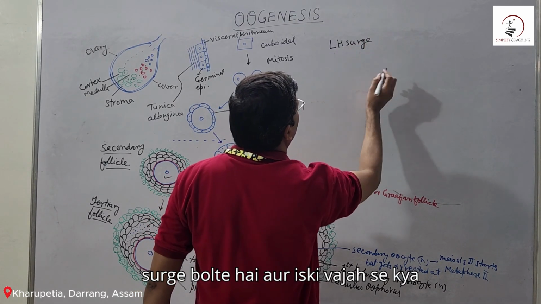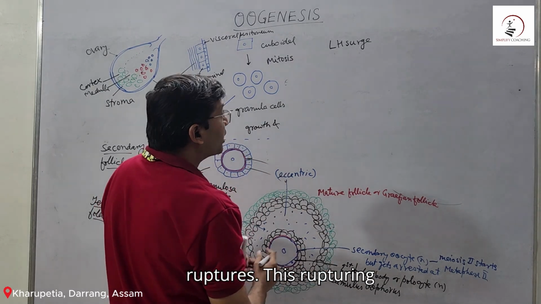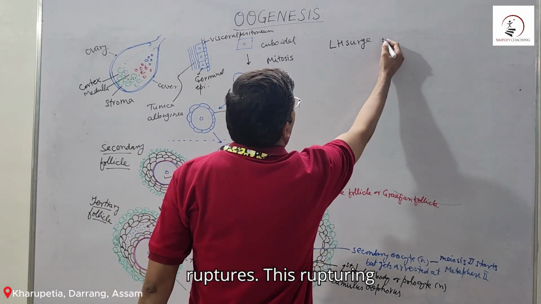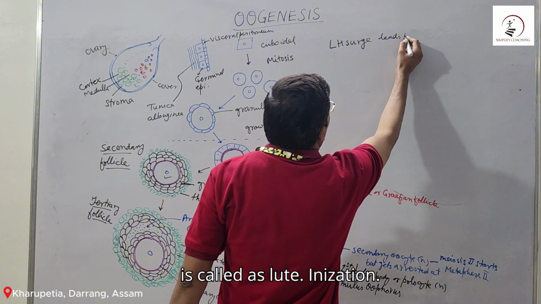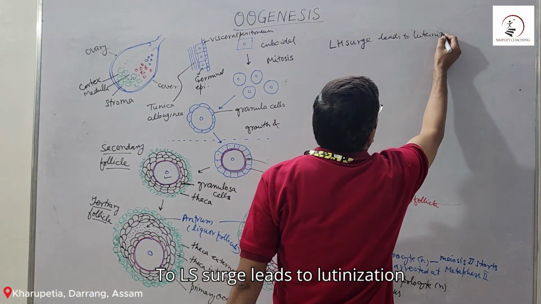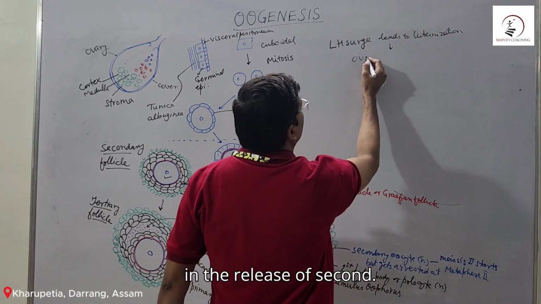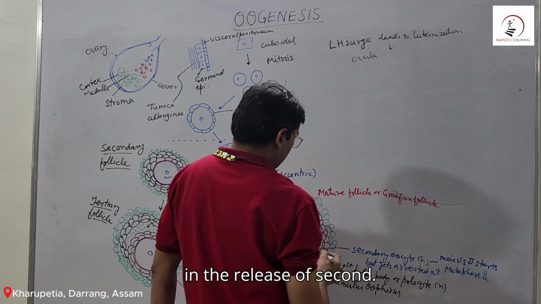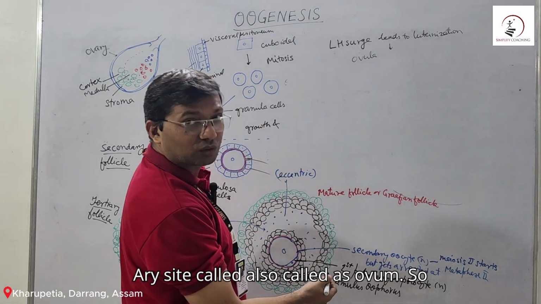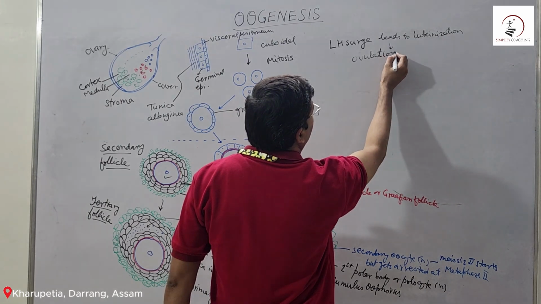LH surge बोलते हैं. और इसकी वजह से क्या होता है, this mature follicle now ruptures. This rupturing is called as luteinization. So LH surge leads to luteinization of the mature follicle, which results in the release of secondary oocyte also called as ovum. So this process is called as ovulation.